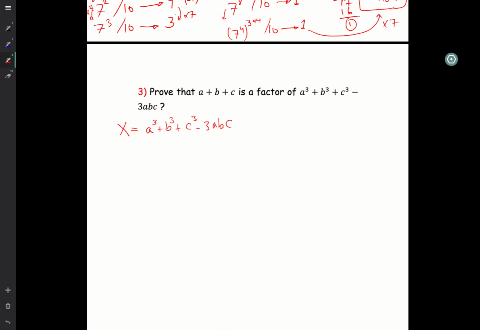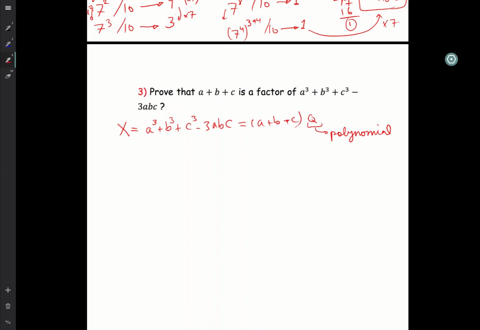We want to show that this has a factor of a plus b plus c. So a plus b plus c times another polynomial, let's call it q, which is another polynomial in terms of a, b and c.